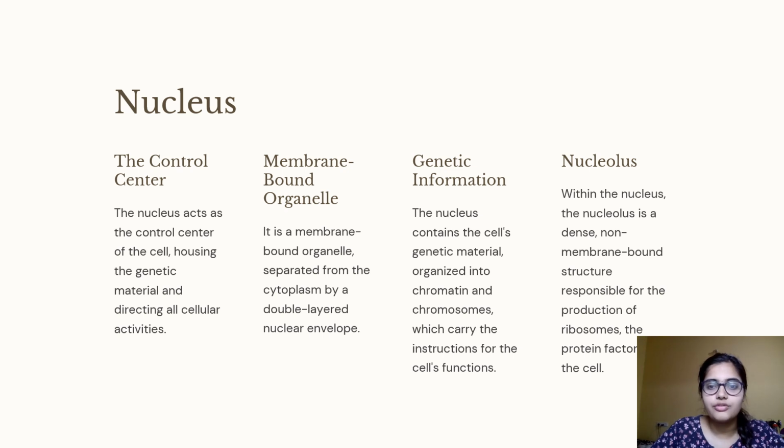Genetic information: it contains the cell's genetic material organized into chromatin and chromosomes, which carry the instructions for the cell's functions. Then the nucleolus: within the nucleus is a dense non-membrane-bound structure responsible for the production of ribosomes, the protein factories of the cell.